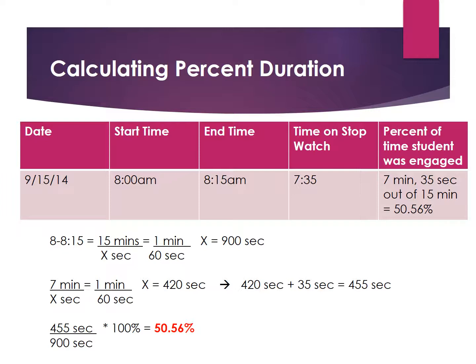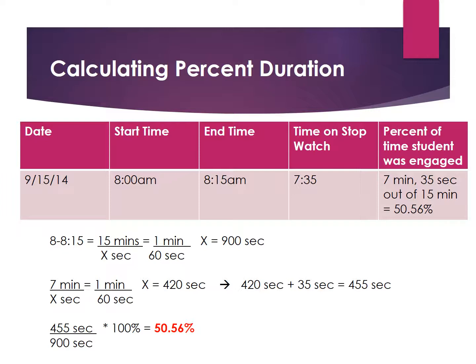I also am converting my 7 minutes and 35 seconds into seconds. So here, 7 minutes and 35 seconds equals 455 seconds. I have 420 seconds which is 7 minutes. I also have that 35 seconds. I add the two together to get that 455 seconds.